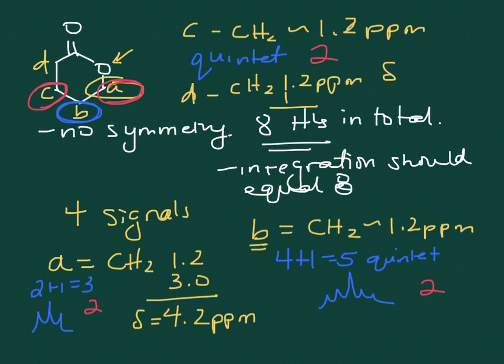So the chemical shift will be around 2.2 ppm. Now, HD has only 2 neighbors, which correspond to HC, so the splitting will be a triplet. And the integration will be 2 hydrogens.